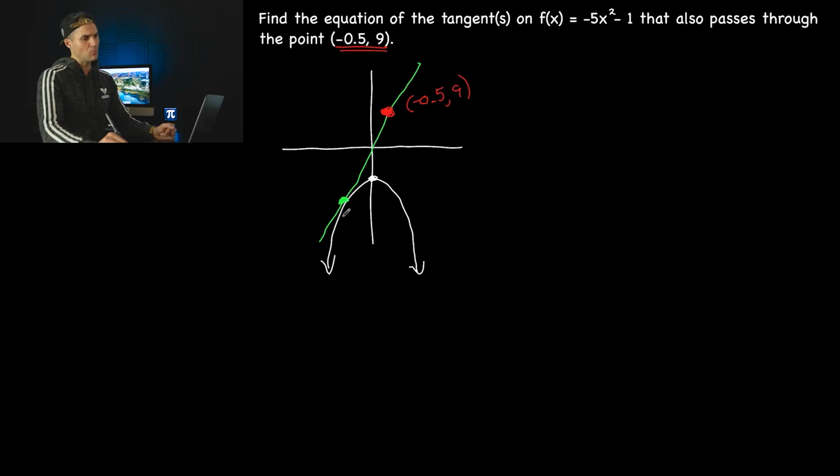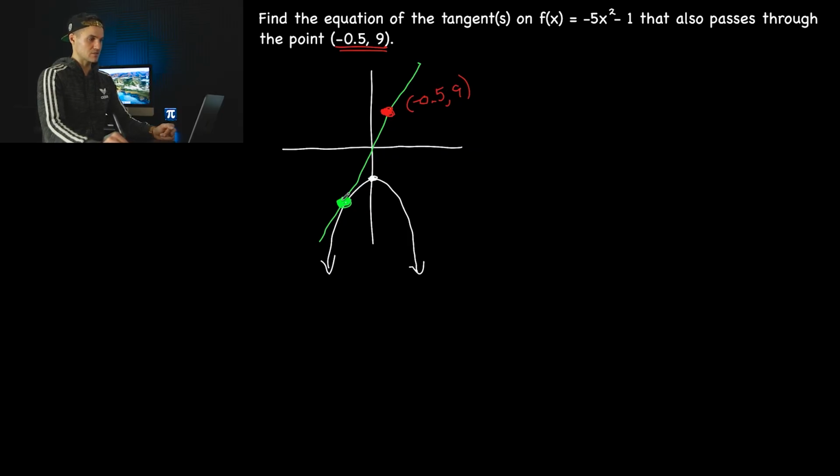So what we have to do here is find out at what point we are going to have a tangent that's going through this point as well.